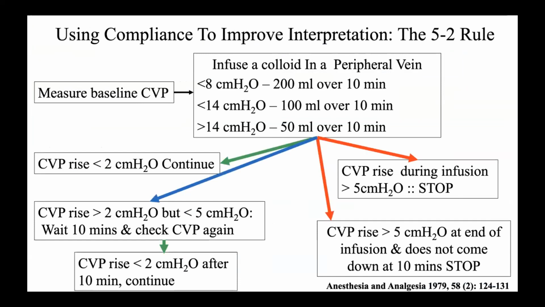If the CVP rise is more than 5 centimeters of water, stop giving fluid. If the CVP rise is more than 2 but less than 5, wait for 10 minutes and check CVP again. If the CVP rise comes down to less than 2, continue. If the CVP rise is greater than 5 centimeters at the end of infusion and does not come down at the end of 10 minutes, stop giving.